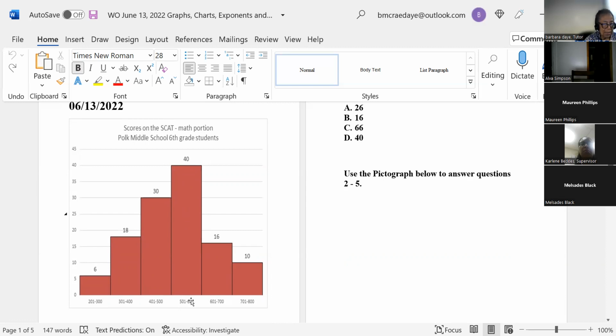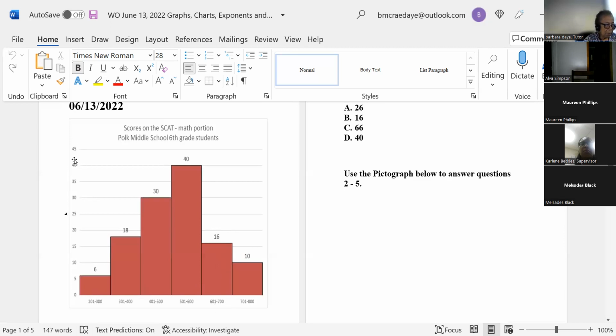So when I sent you the correction back, I made a note that the top of the bar graph represents the number of students that were in the range below it. And that's right here on the x line. So 16 students were in the range 601 to 700.